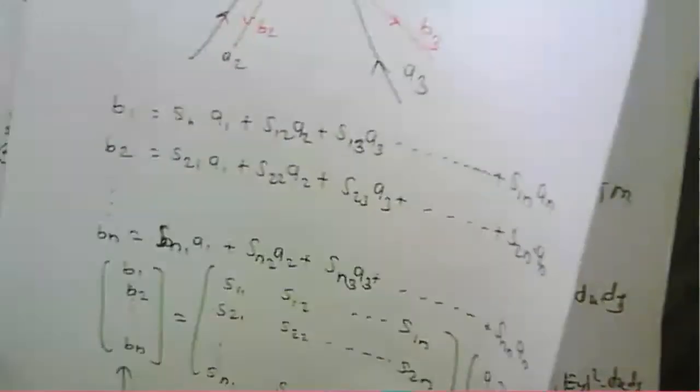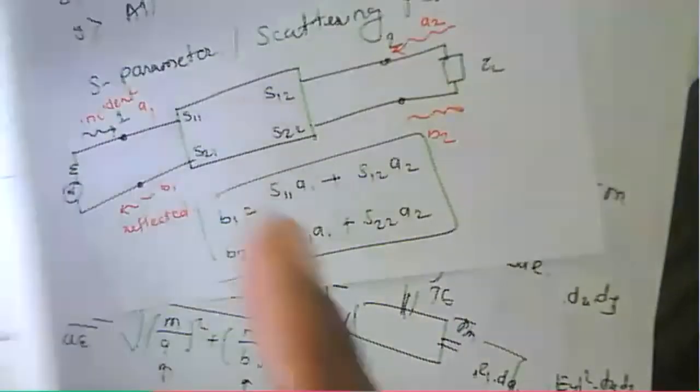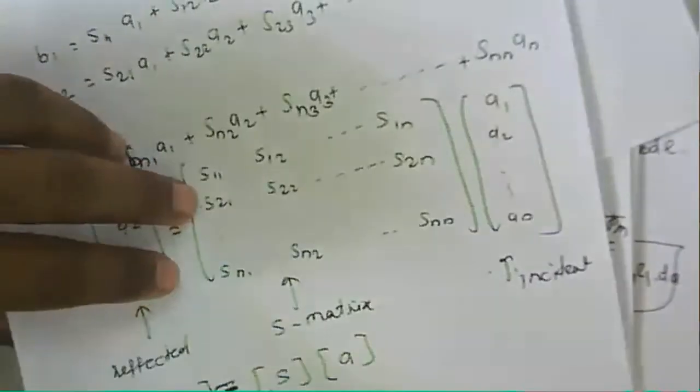What are the various properties of this particular matrix? For a given matrix, the properties are the same.